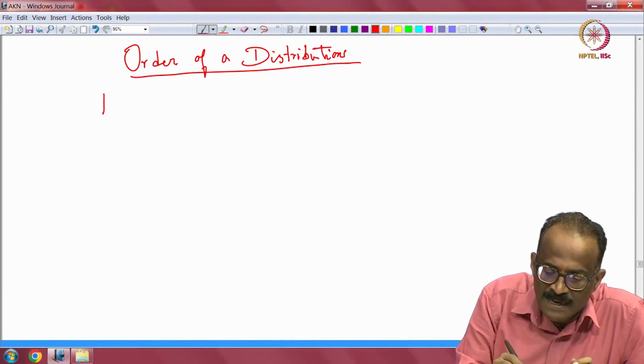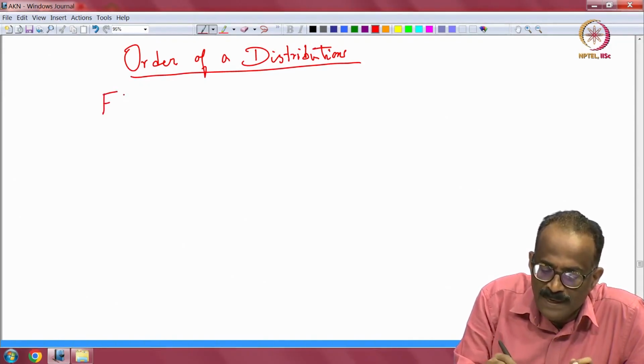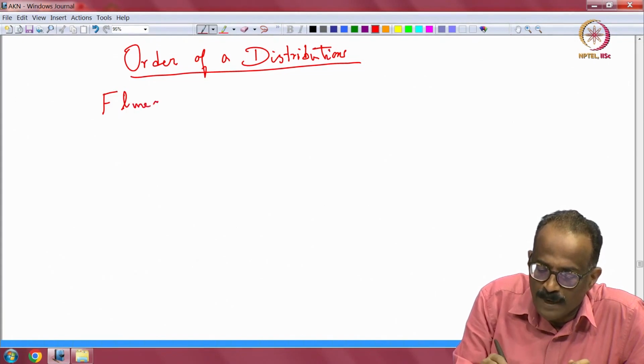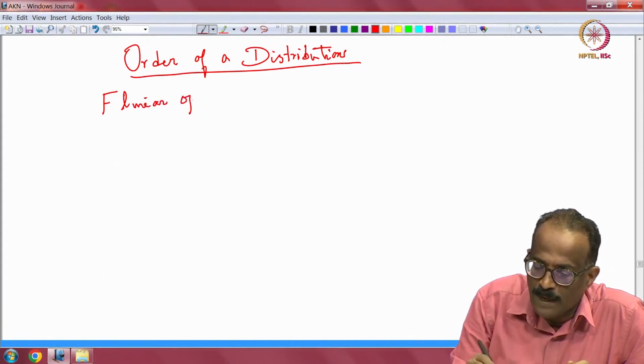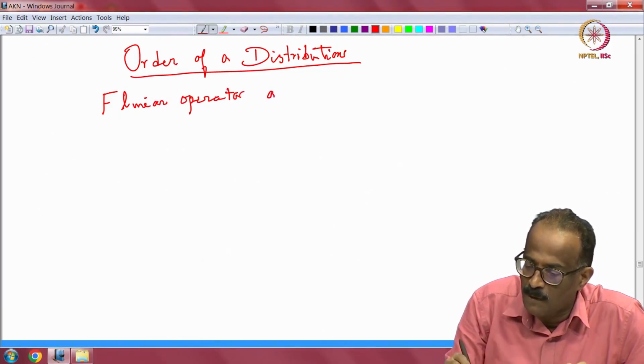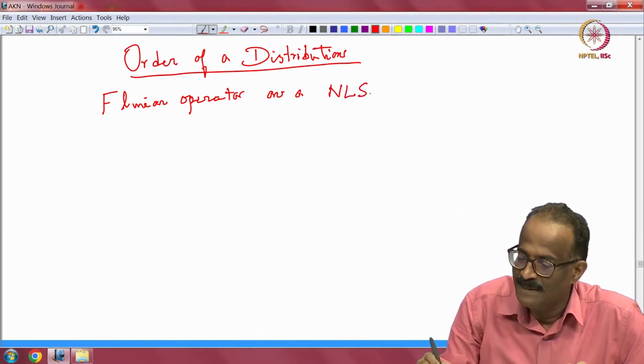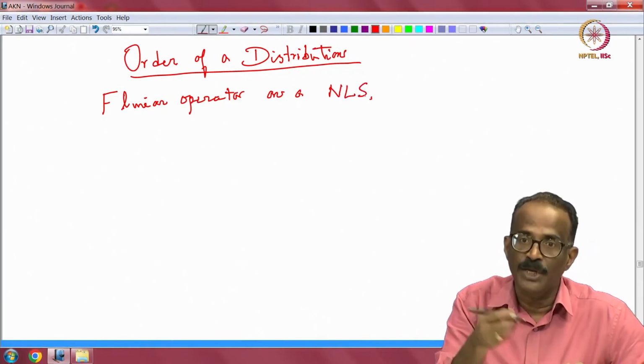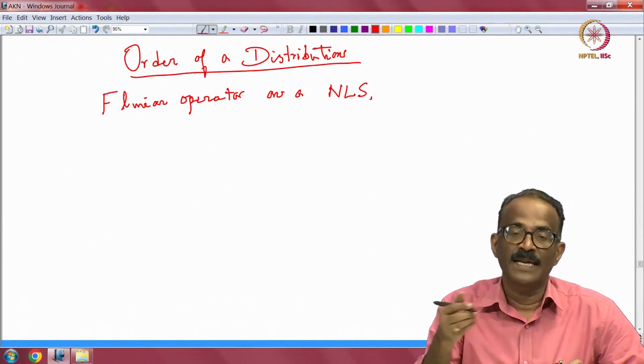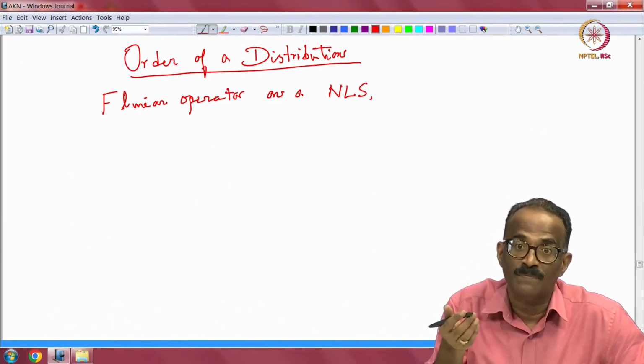Suppose f is a linear operator on a normed linear space, and the continuity of f is basically equivalent to the boundedness of it.